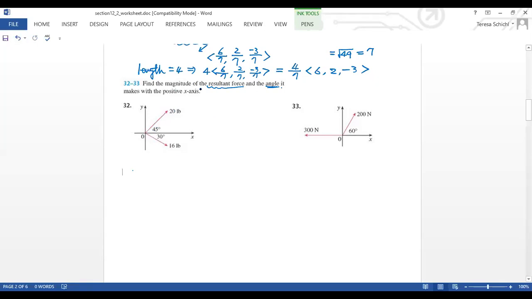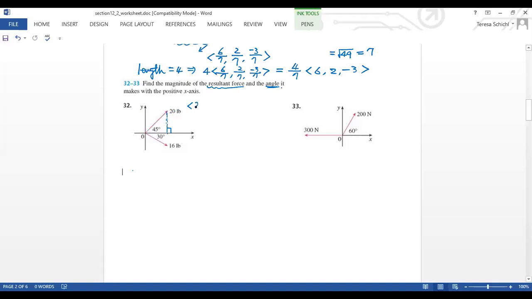If you put this into a right triangle, you see this force here, right? The horizontal is the x direction force and the vertical is the y direction force. So what is the x direction force here?